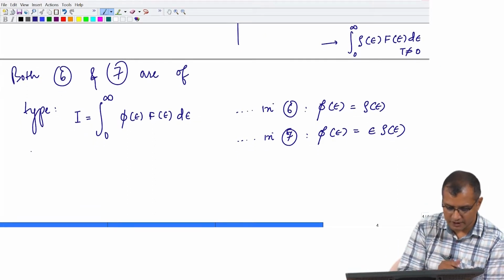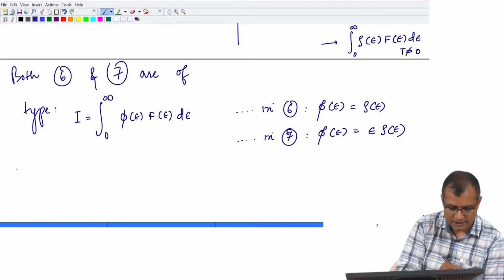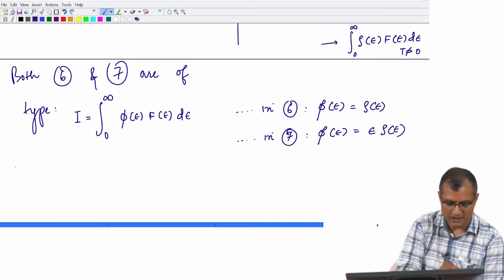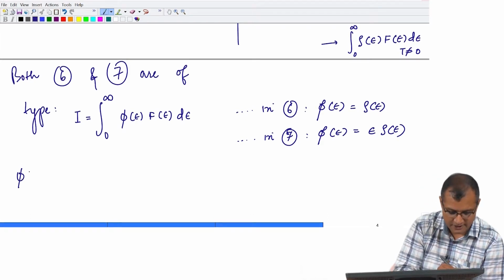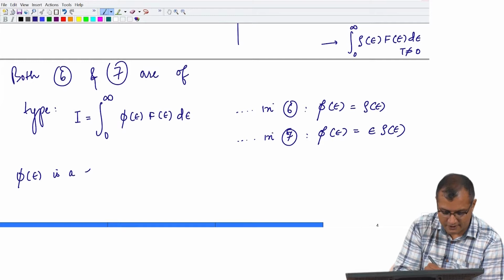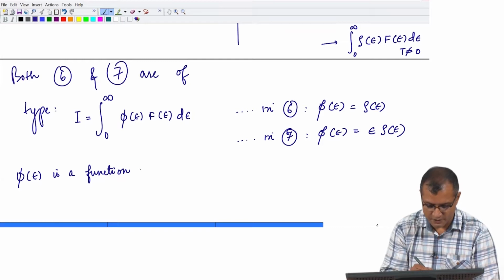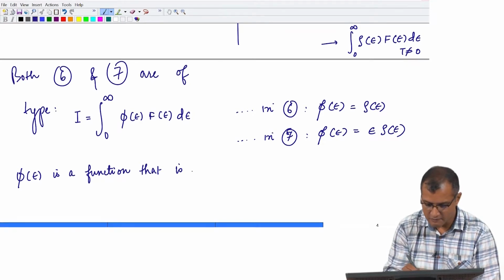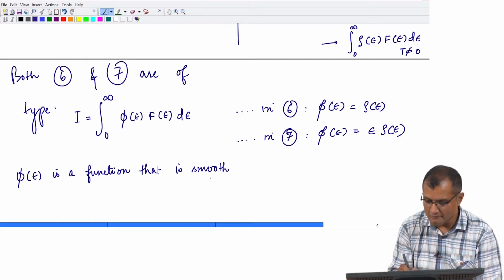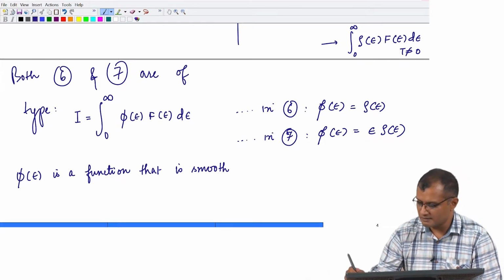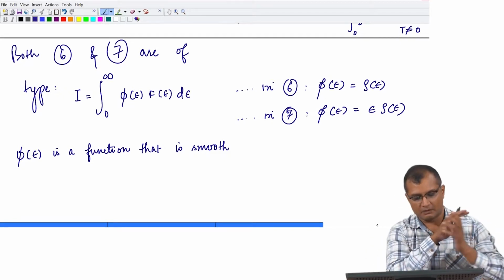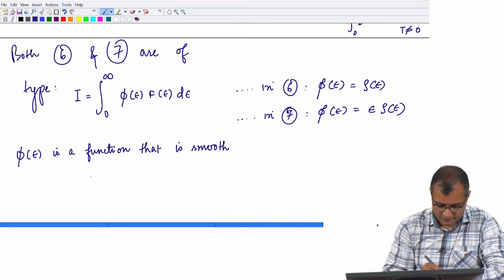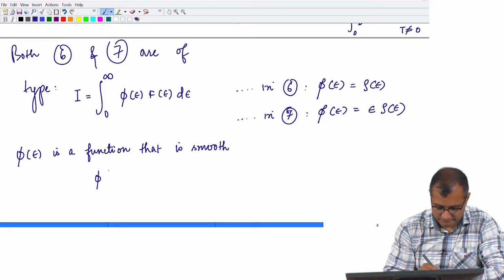Before we compute it, let us observe a few things about this function phi. We know that the function phi is a function of energy, and I am going to say it is a function that is smooth, which means it can be written as a derivative of some function.